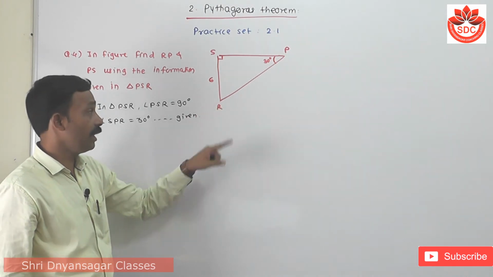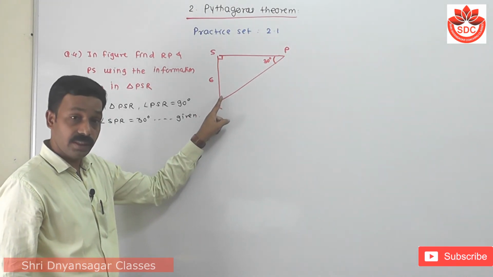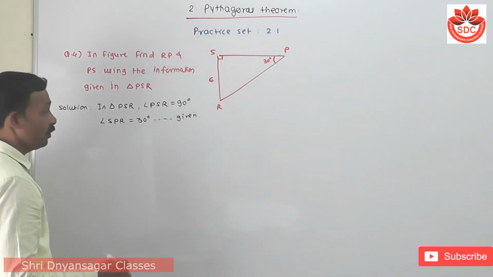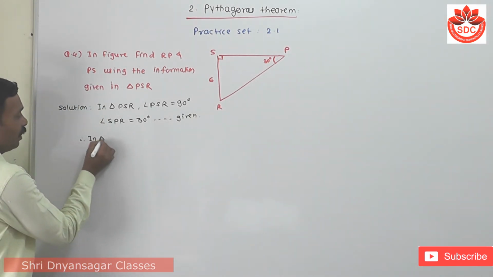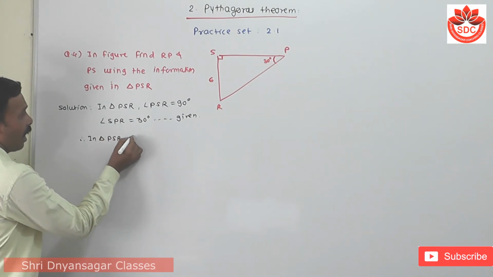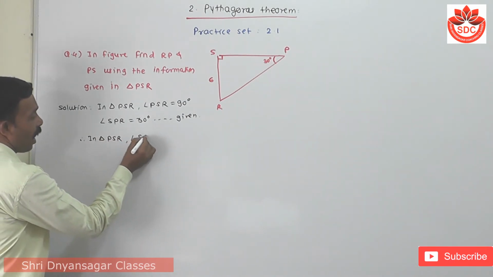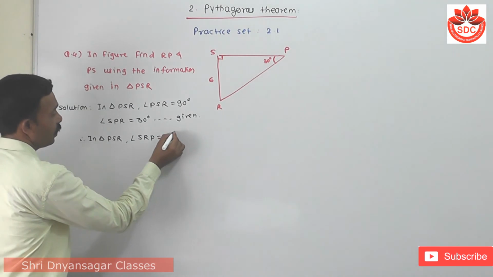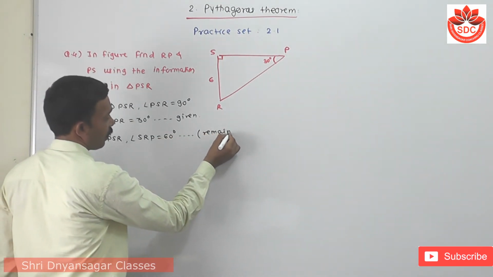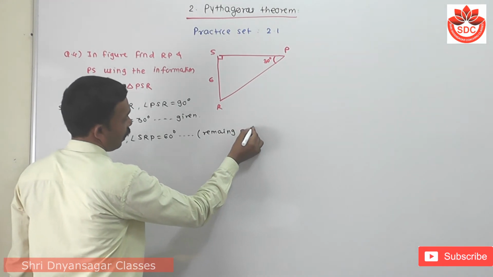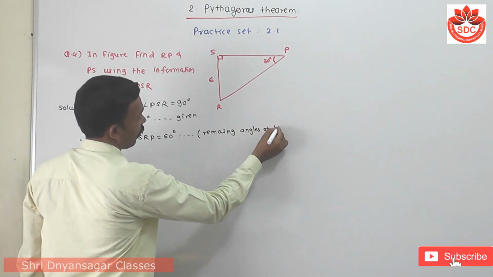So I can directly write this angle is 60 degrees by subtracting these two from 180. Therefore, in triangle PSR, angle SRP is equal to 60 degrees. The reason is remaining angle of triangle.